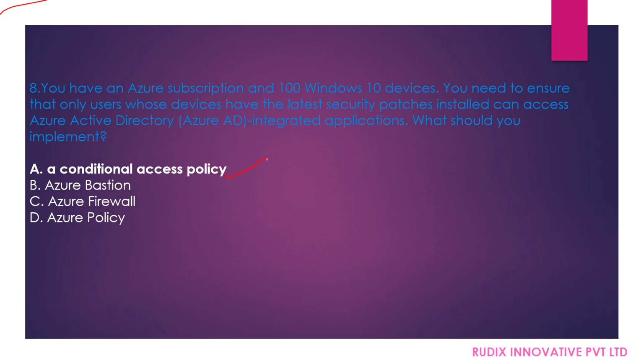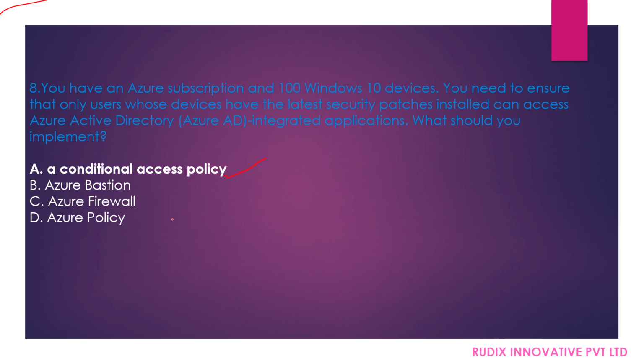Why options B, C, D are not correct: those do not directly address the requirement of enforcing access based on device compliance. So let us discuss why Azure Bastion, Azure Firewall, and Azure Policy are not. Azure Bastion is a service that provides RDP and SSH access to virtual machines directly through the Azure portal, but it does not specifically relate to enforcing access based on device.